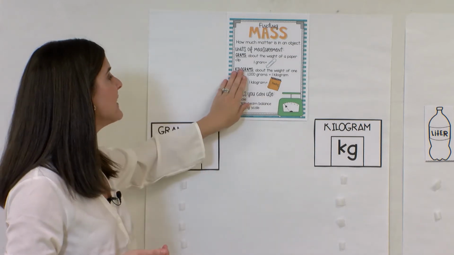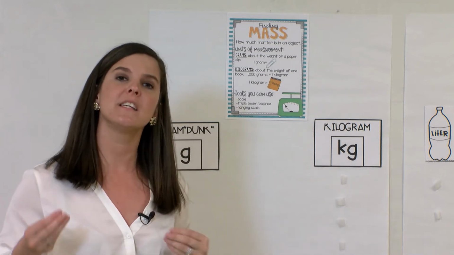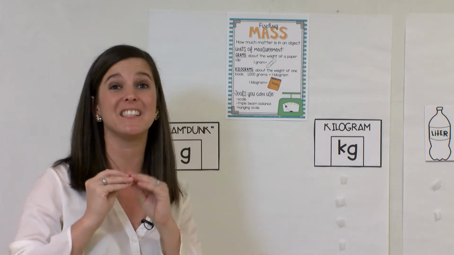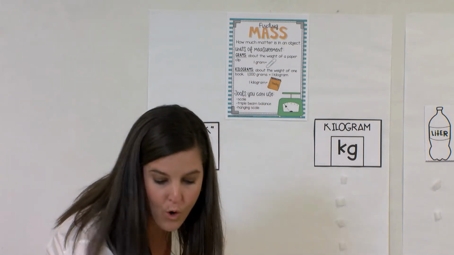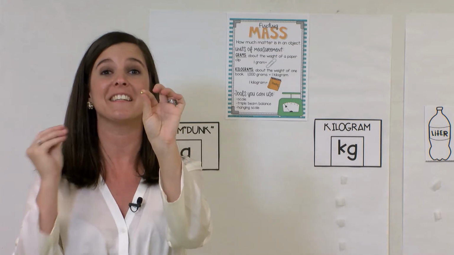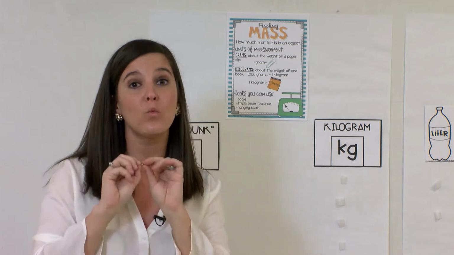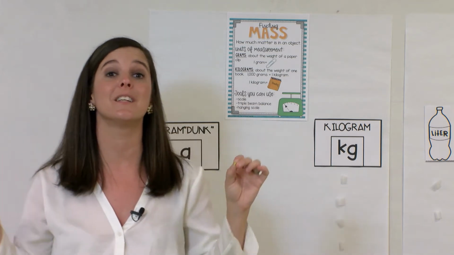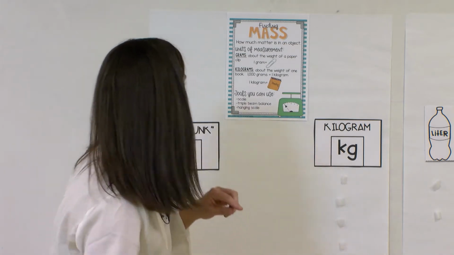So that is equivalent to about 1 kilogram, okay? Well, 1 kilogram is equal to 1,000 grams. So when I get 1,000 of these, then I have 1 kilogram, okay? So that tells you how lightweight 1 gram is compared to 1 kilogram, right? Okay, so keep that in mind, all right?